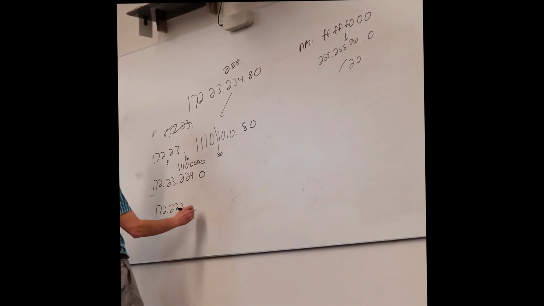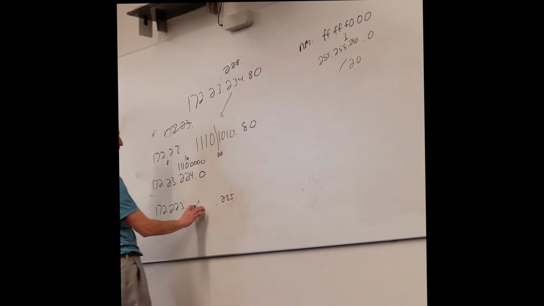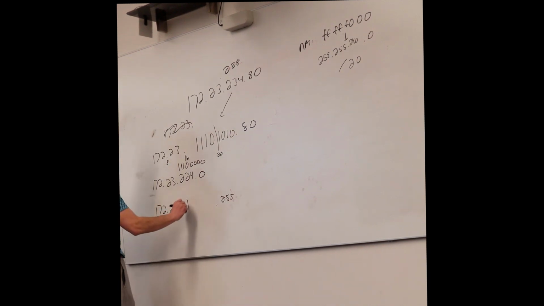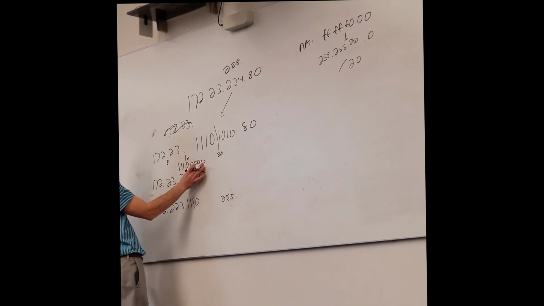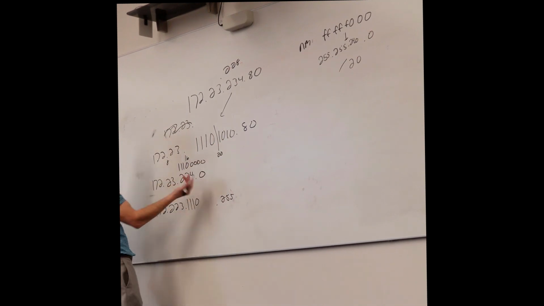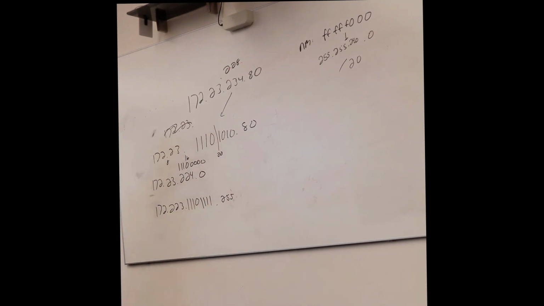172.23 dot. What is this octet going to be? 11101111. Yeah, right, because this part has to be the same. The lowest value of this is 0000, which is why this is 224. The highest value is 1111, and so that's 239, right?